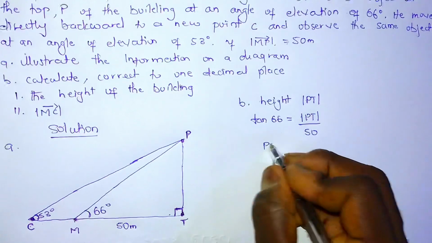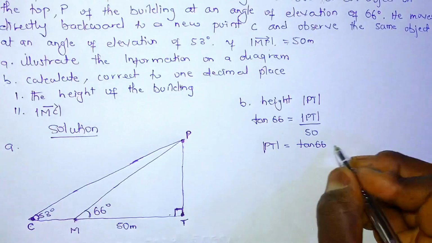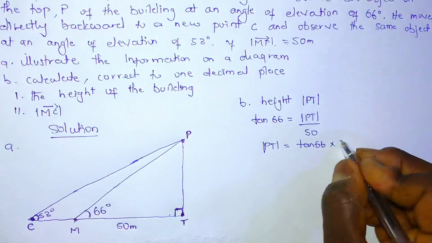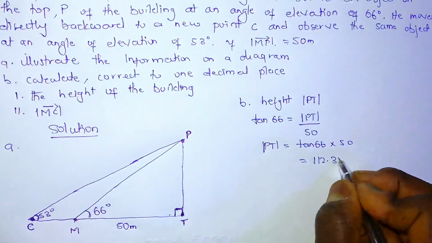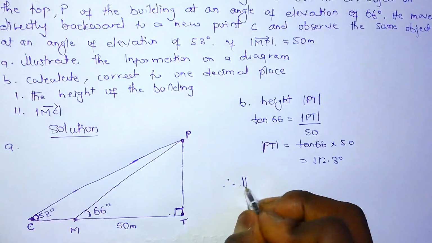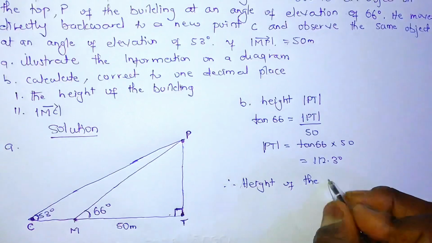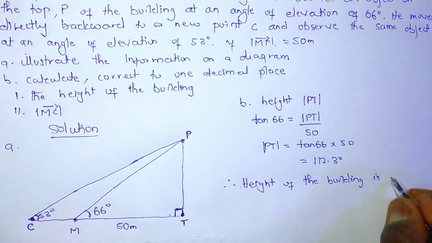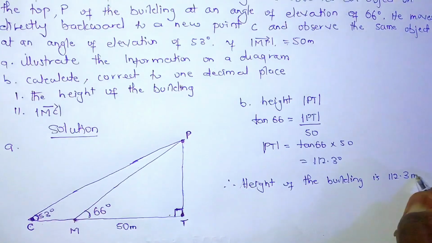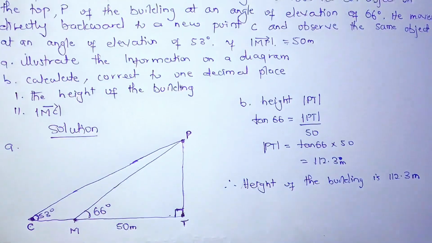So PT will be equal to tan 66 times 50, and this is equal to 112.3. Therefore, the height of the building is 112.3 meters. So this is meters, not angle. Okay, so that's B I.